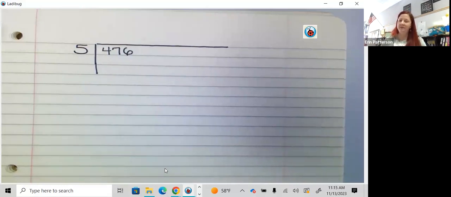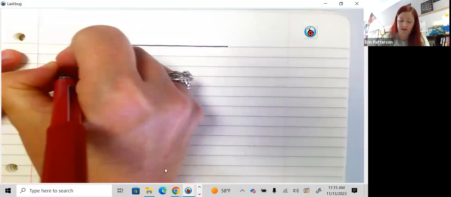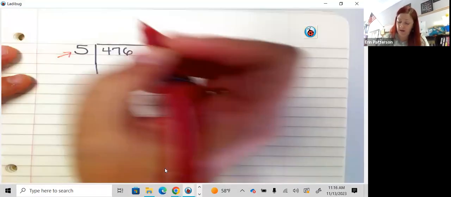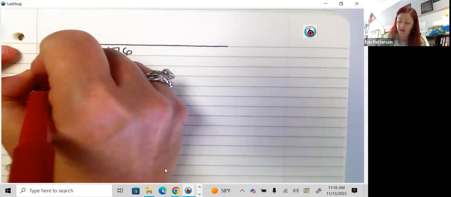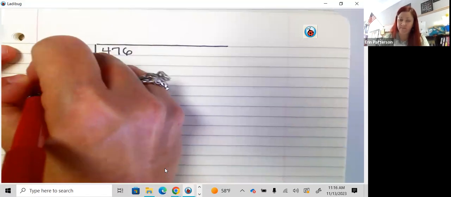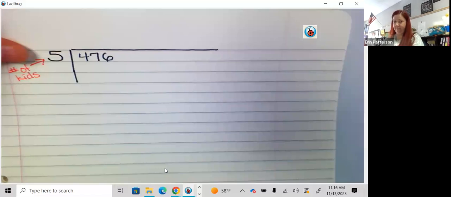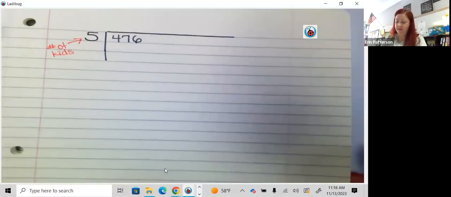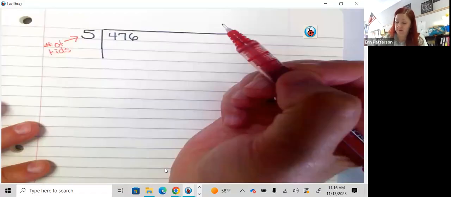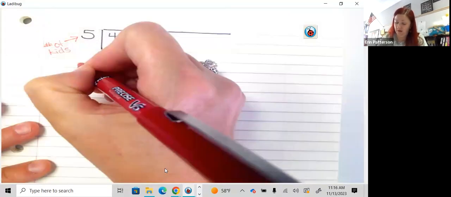Okay, so every time I see that divisor, the one on the outside, here's what I'm thinking: number of kids. Now I'm going to draw a longer arrow.